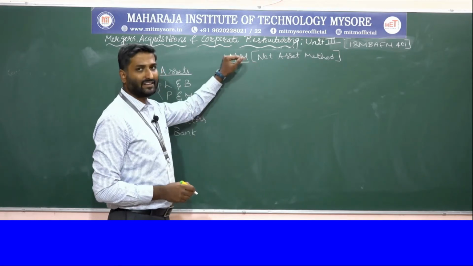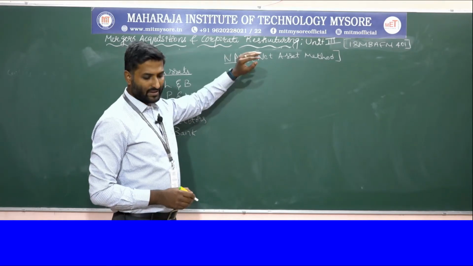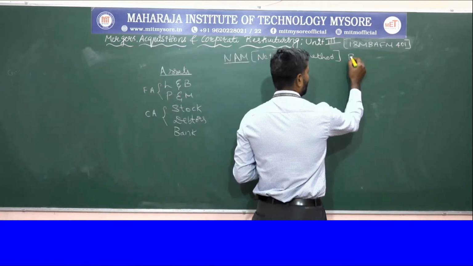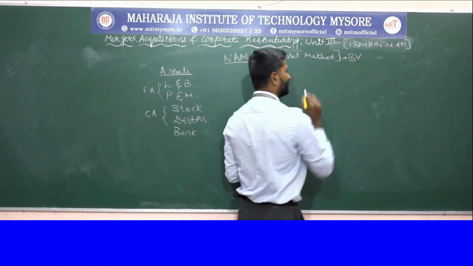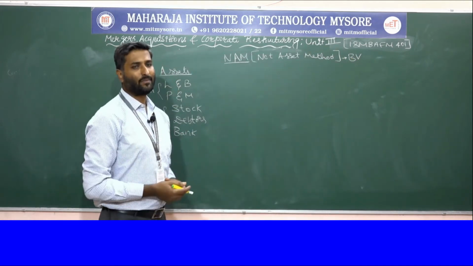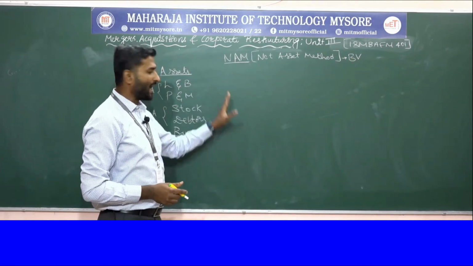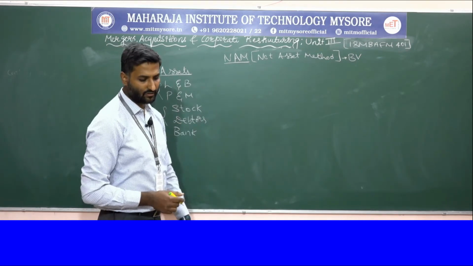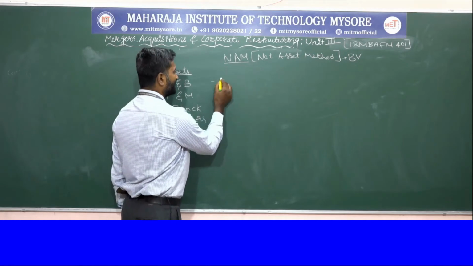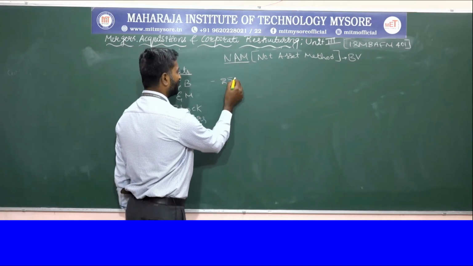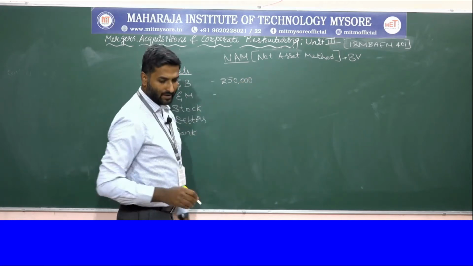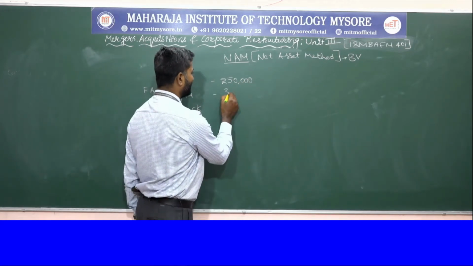We are calculating the net asset method, wherein we take the book values into consideration. Therefore, whatever is given in the balance sheet, we take as the resulting values. They have given the balance sheet value for building as 2,50,000 and plant and machinery as 3 lakhs.